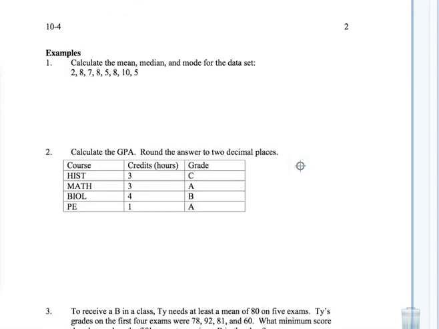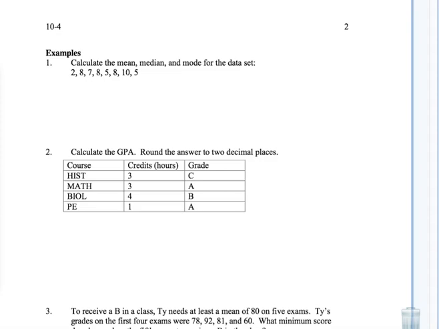Okay. So let me get back up to example 1. We're going to do the mean, median, and mode for this set of data. And so what I'm going to start with is I like to go ahead and order it from least to greatest. I just think that helps me remember that I have to do that for my median.